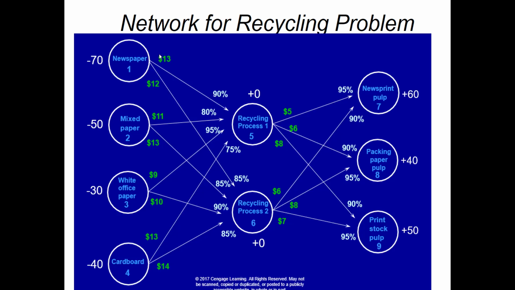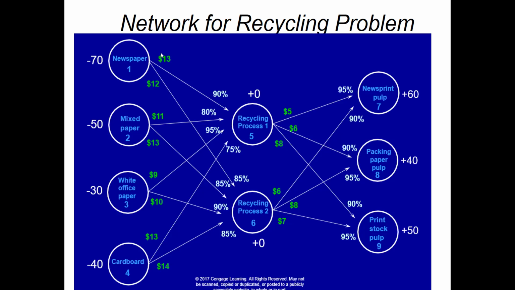The decision variables, as we talked about, are the arcs that we have in the system. We can label each node with a number. For example, we can put newspaper as 1, mixed paper as 2, and so on. As you can see, we have 9 nodes, and we have arcs connecting them.